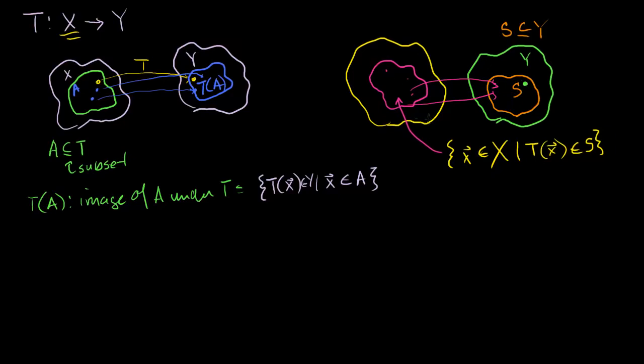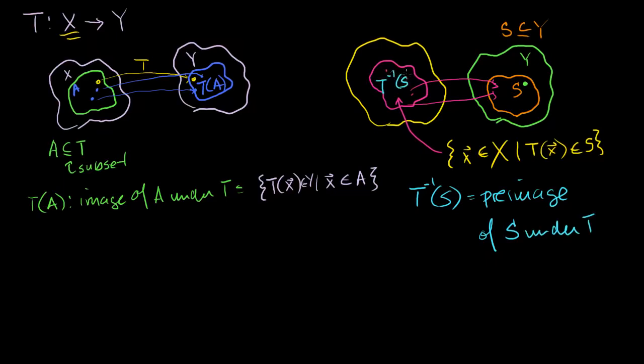All I'm saying is that everything in this set maps to something within S. And what we call this set, the notation is the inverse T of S, is the preimage of S under T. So this is S. This is the preimage of S under T.